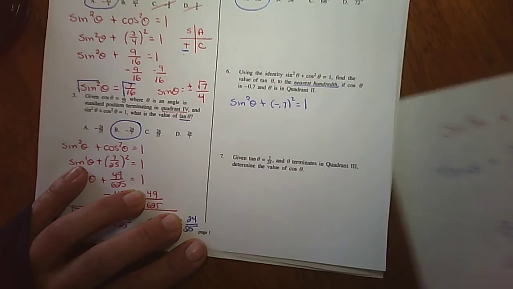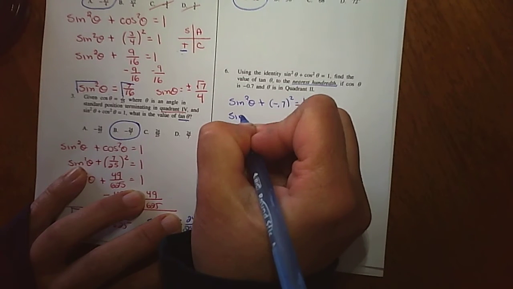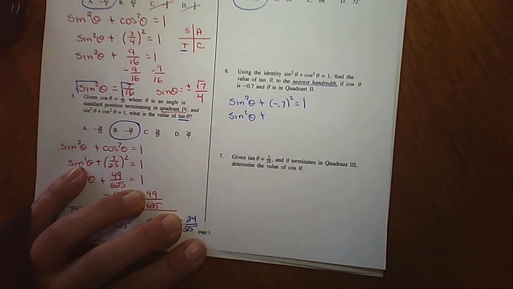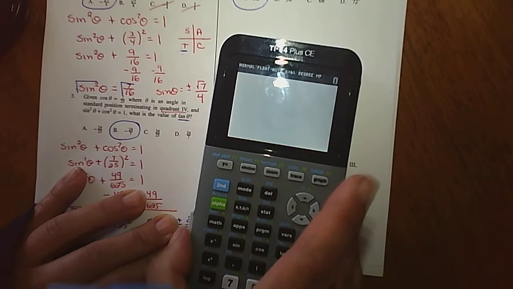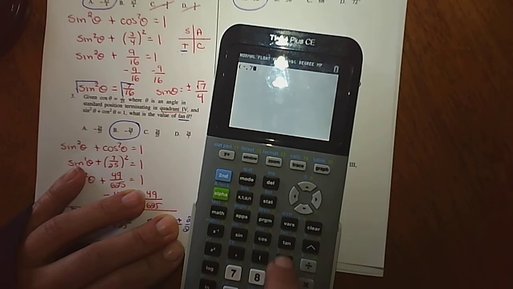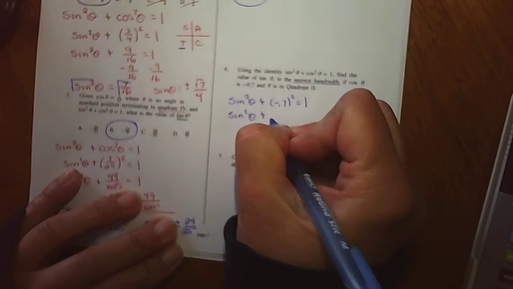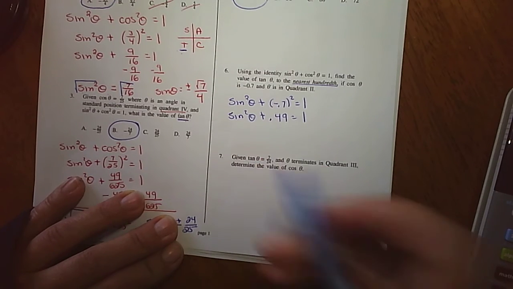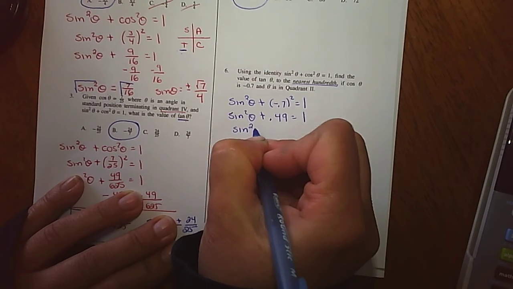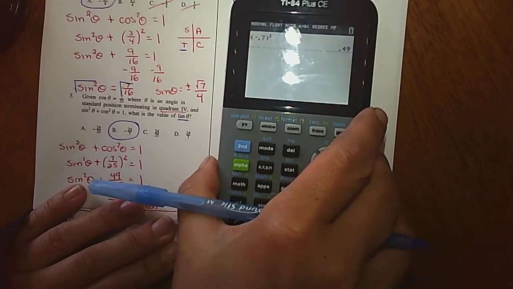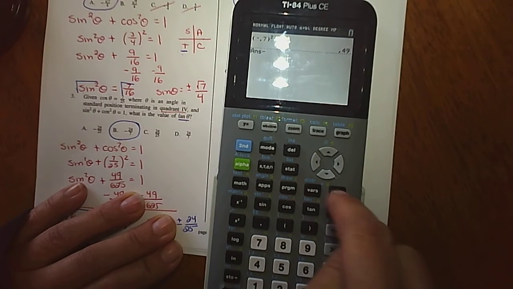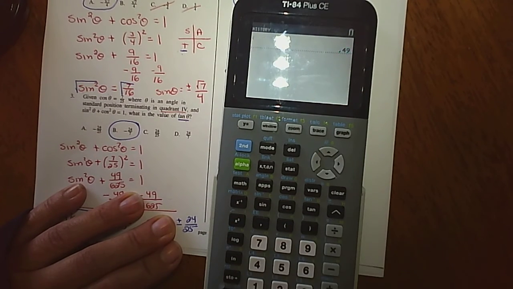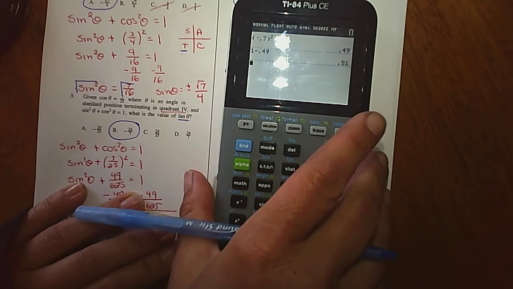So that makes sine squared plus, we're going to do negative 0.7 squared in our calculator, it's 0.49. Okay, I'm going to subtract that over. So sine squared equals 1 minus 0.49, getting 0.51.